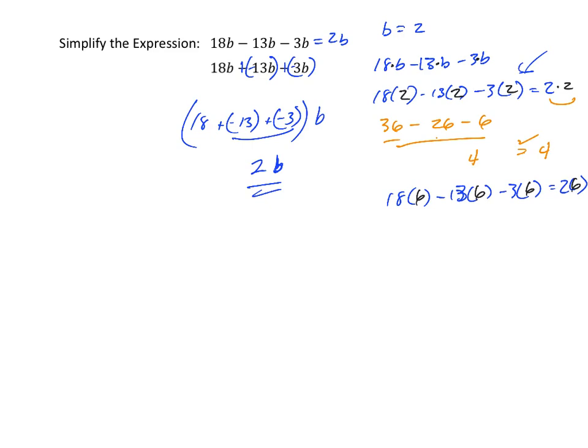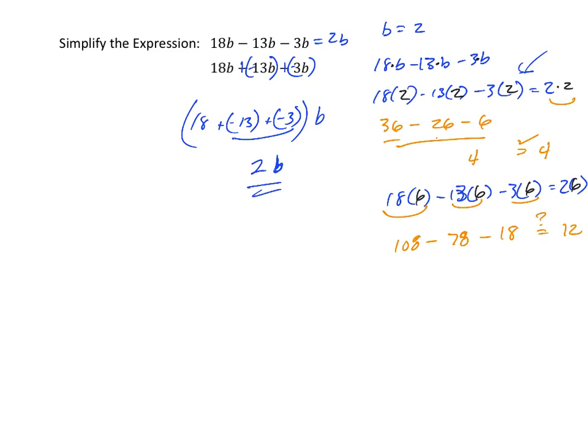So now when I look at this, 18 times 6 is going to be 108. And 13 times 6 is going to be 78. And 3 times 6 is going to be 18. And 2 times 6 is 12.